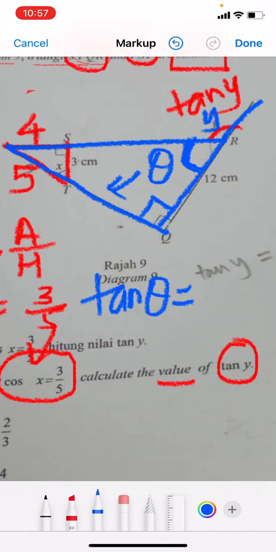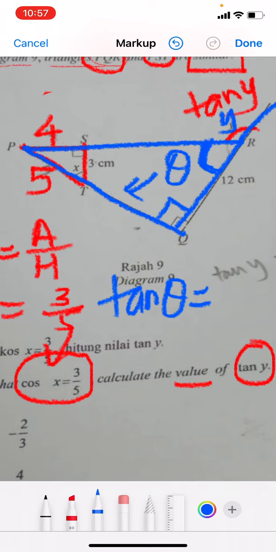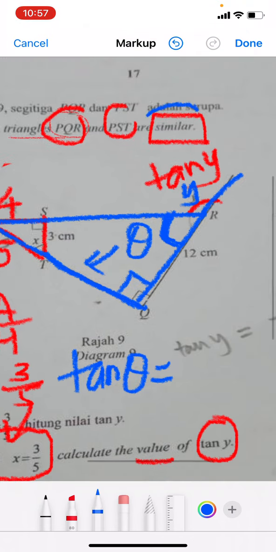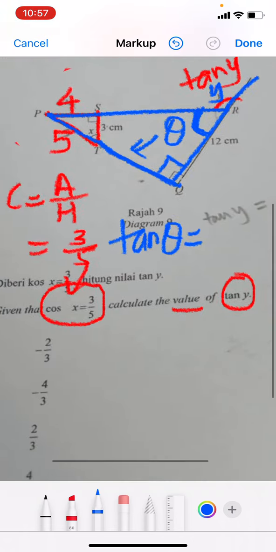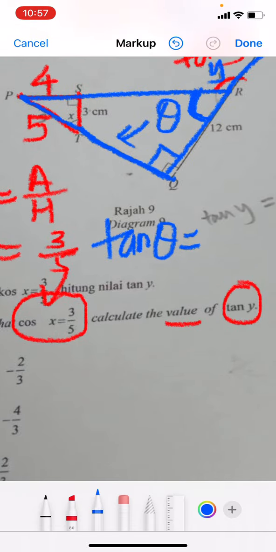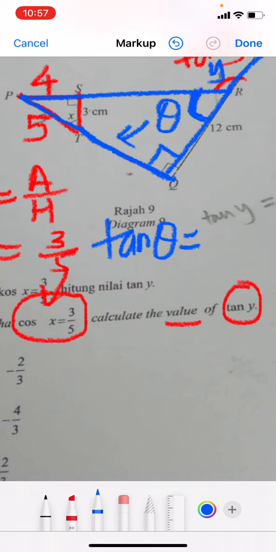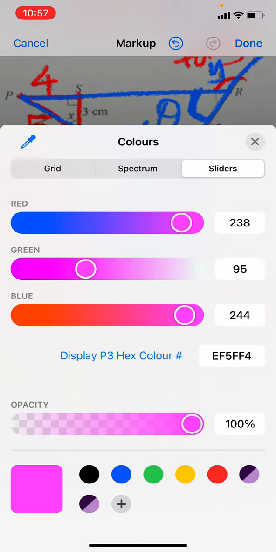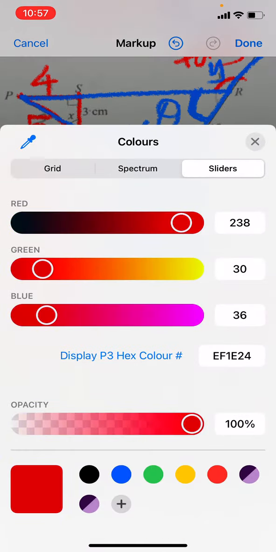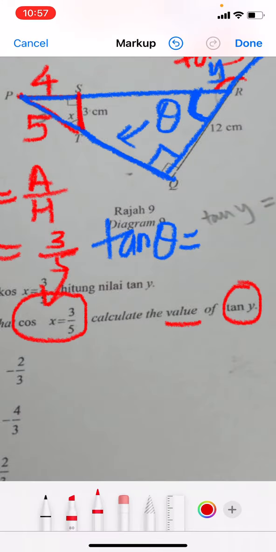So the problem is I don't have the length for this part, right? I have 5, but I cannot do anything with the 5. But the question mentioned similar to tell you that these two triangles are similar. That means the red triangle just now and the blue one, they are similar. So let's see.